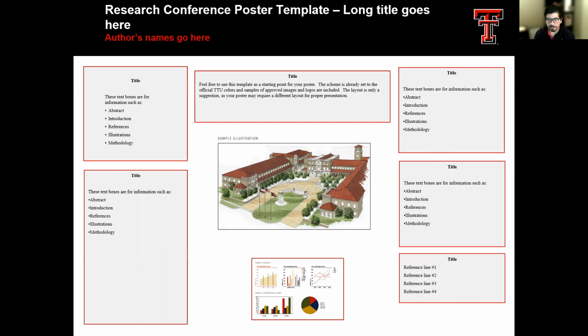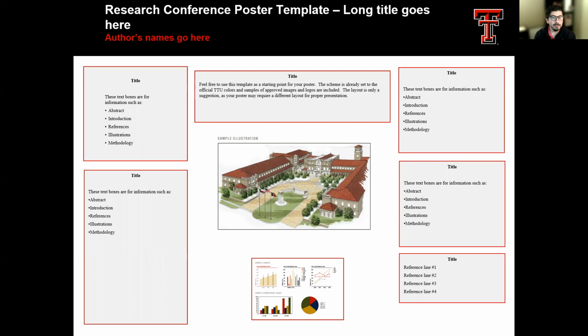That would certainly change based on your lab or your college or whatever that may be. So make sure that you have those logos available to you. We do have official Texas Tech logos. If you need those, that information can certainly be shared with you. So make sure that you do have the right logos, right? That's one message that we continue to provide for you guys out there.